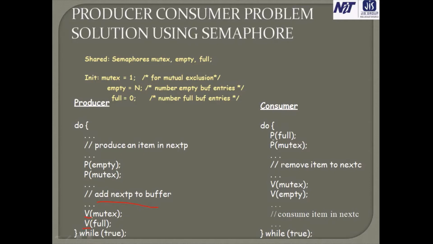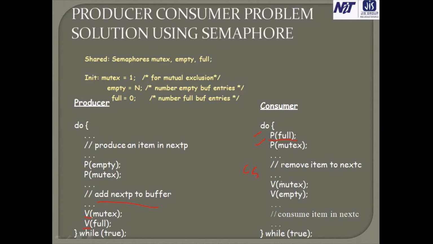Similarly, in the consumer, it will check if it is full. If it is full, it can consume something. It will down the full, it will down the mutex. That means when wait is there, other processes have to wait. Then this is the critical section where the consumer can consume.